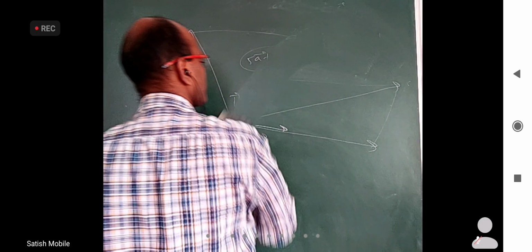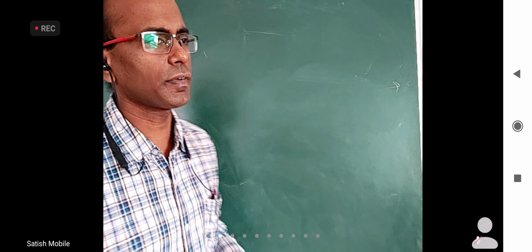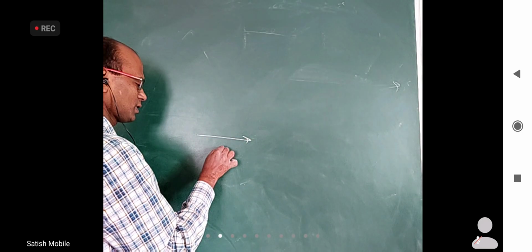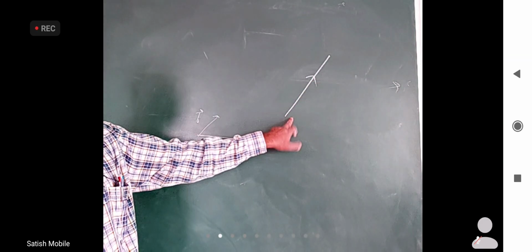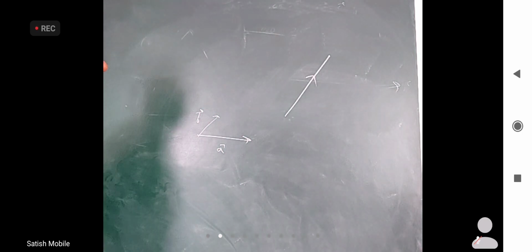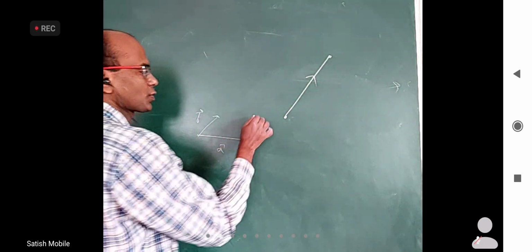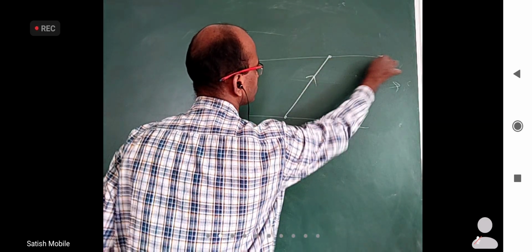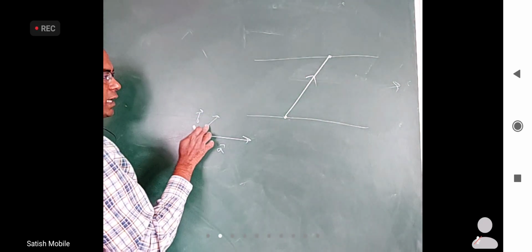Now the other statement that I said: you take any vector in this board or in this plane, it can be written as a combination of a and b. How is that? Let us say this is a bar and this is b bar, and somebody is asking you to express this vector in terms of these two vectors. So what to do? Through this point and through this point, parallel to this, draw lines. Next, through this point, parallel to this, draw some lines.